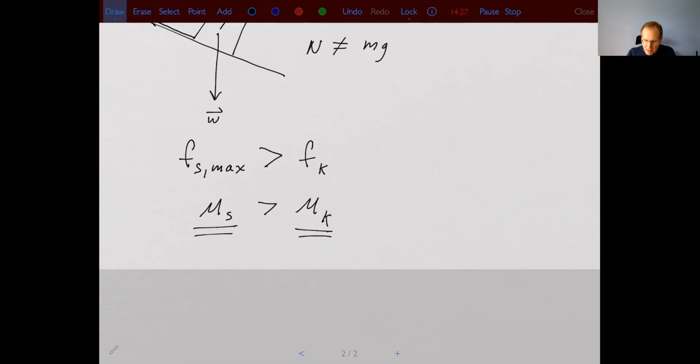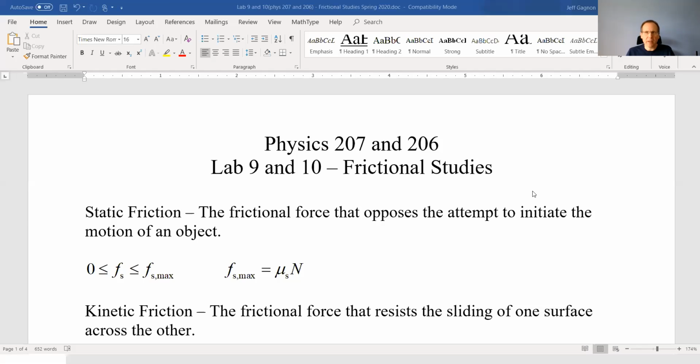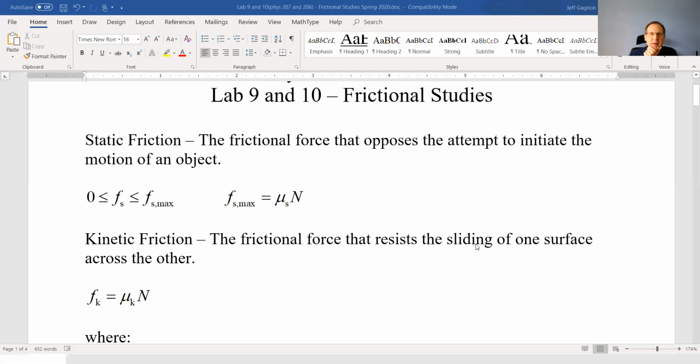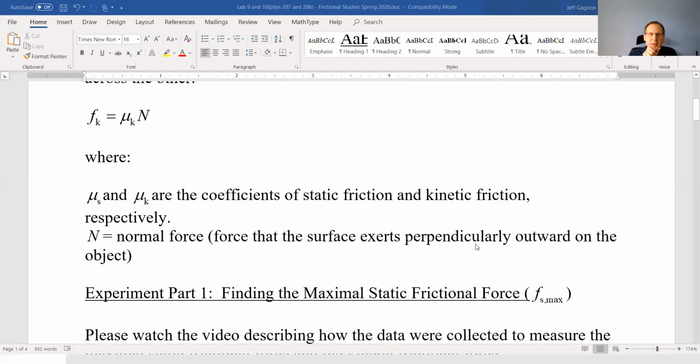Okay, let me go to the lab handout. So here's the lab handout for the frictional force lab. I already went over this background information, right? Define static friction, kinetic friction.